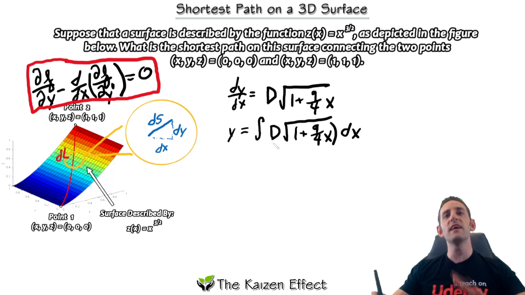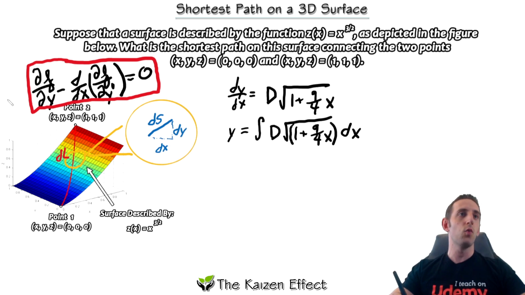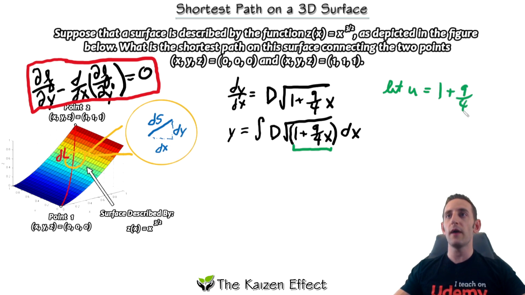All right, so we got an integral we can solve, and you look at this and say, oh, wait a minute, I saw this in Calc 101. What I can do is make a nice, beautiful u sub. So we're going to take this guy right here and let u equal the term right here, which is just 1 plus 9 over 4x.